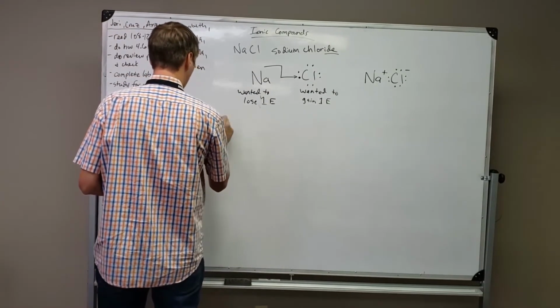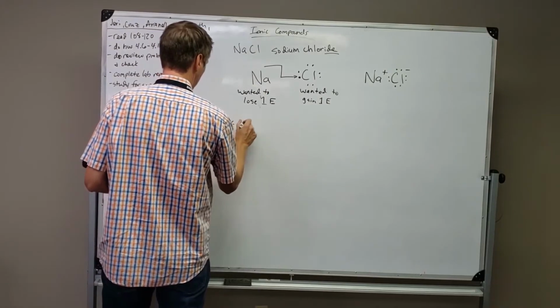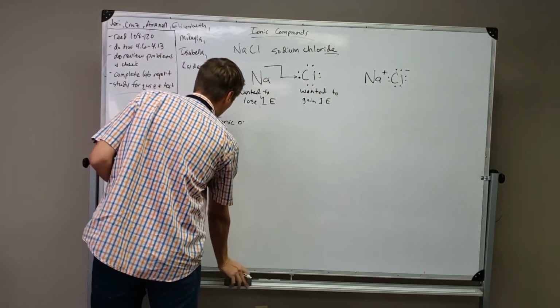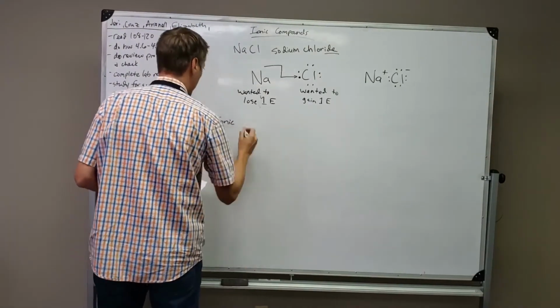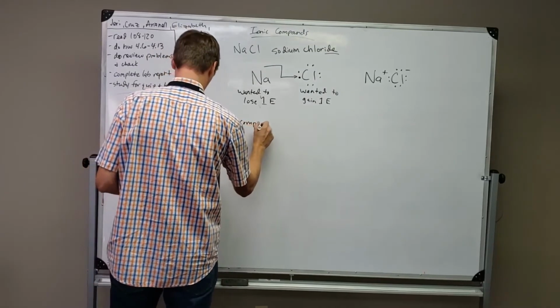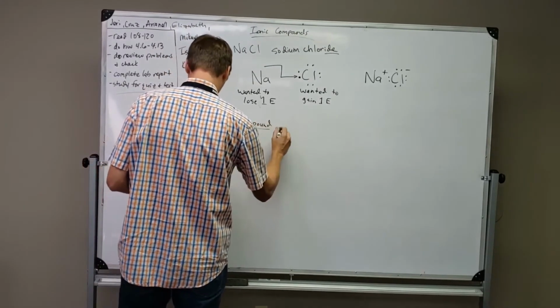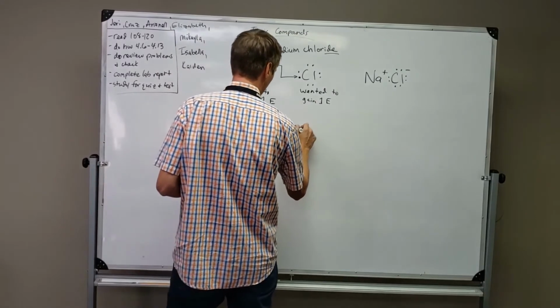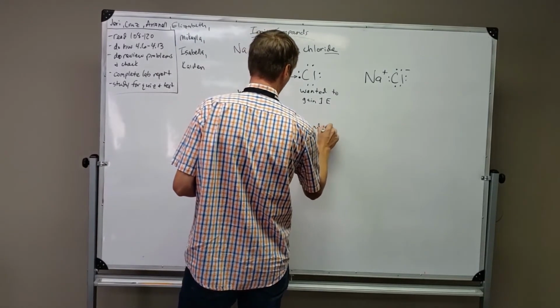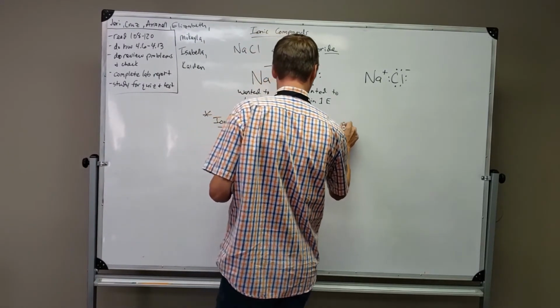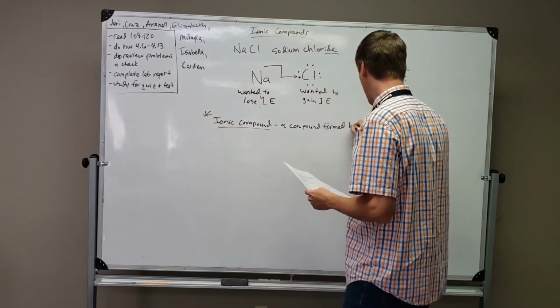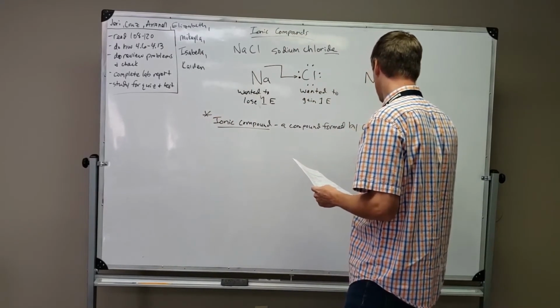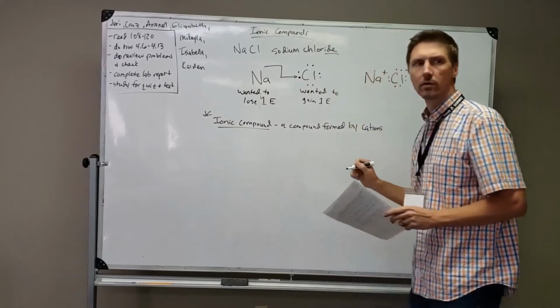So ionic compounds, the definition for that: an ionic compound is a compound formed by cations, positive or negative ions.